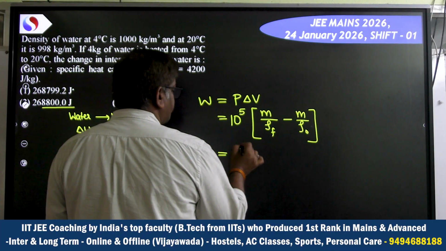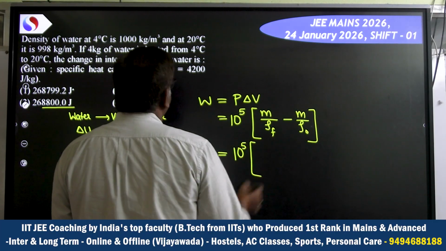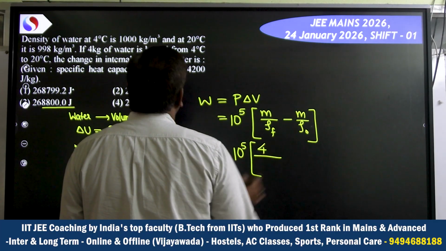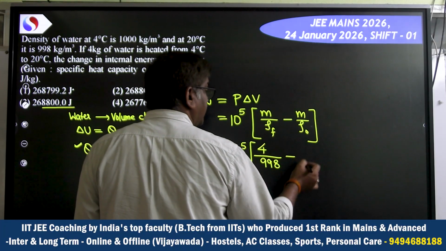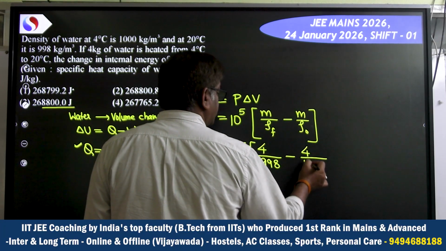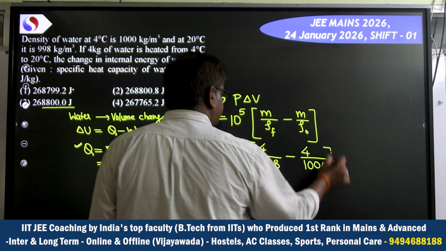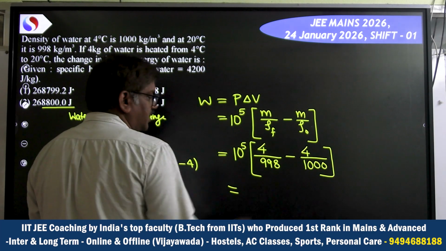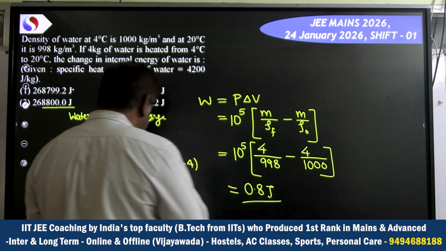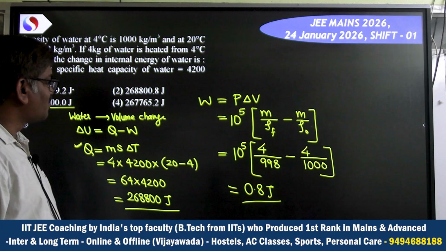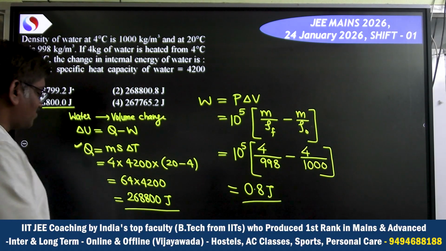So 10 to the power 5, mass is given as 4, final density becomes 998 and initial density is 1000. So easily we can solve this. This value comes to 0.8 joule. So you can see that in comparison to the other value, this is quite a less value.